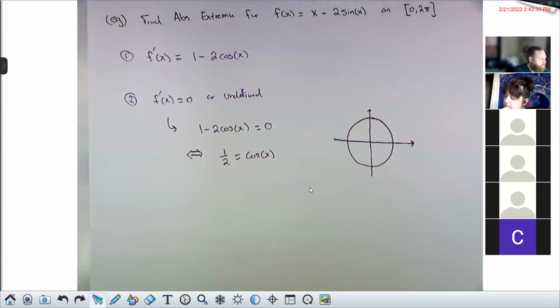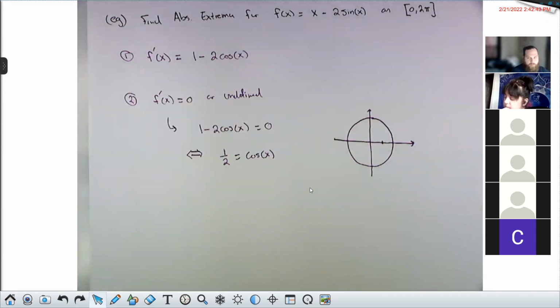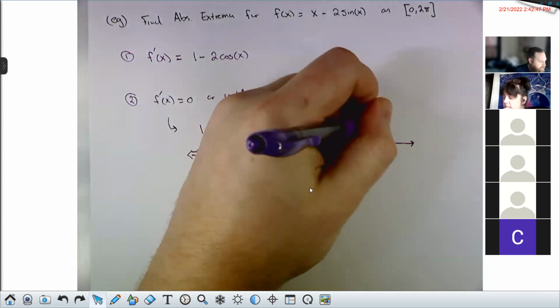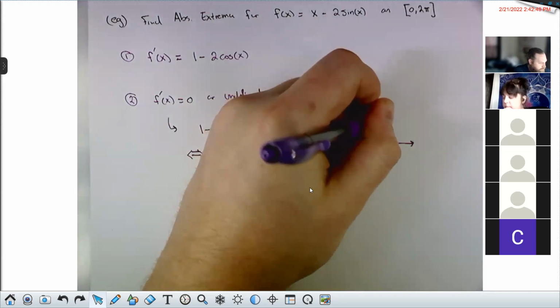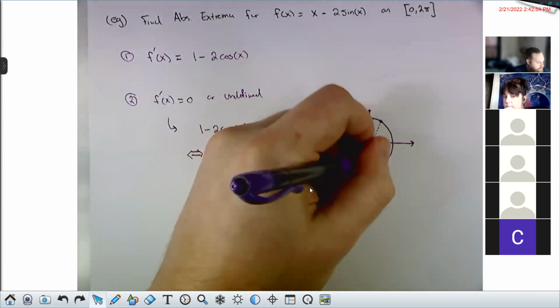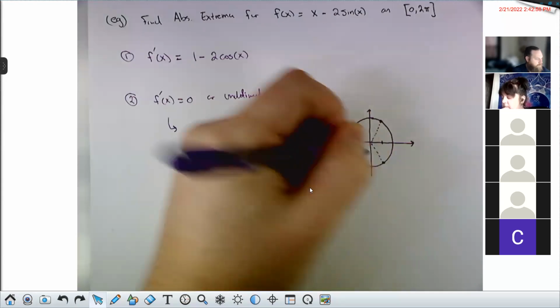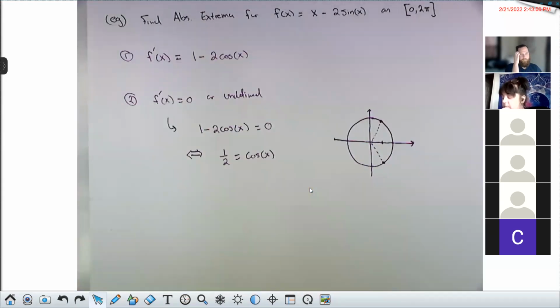So if you're looking on your unit circle, where is cosine equal to positive 1/2? Well, here's positive 1/2 along the x-axis, the horizontal axis. And there's two such points. One of them is up here. The other one is the symmetric point down here.